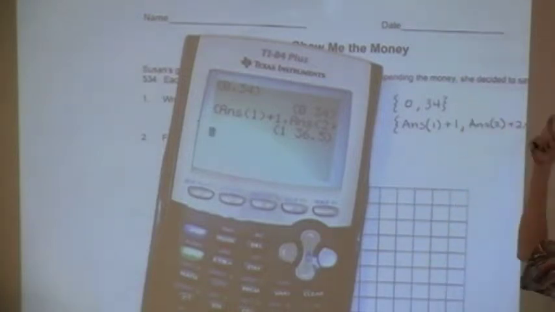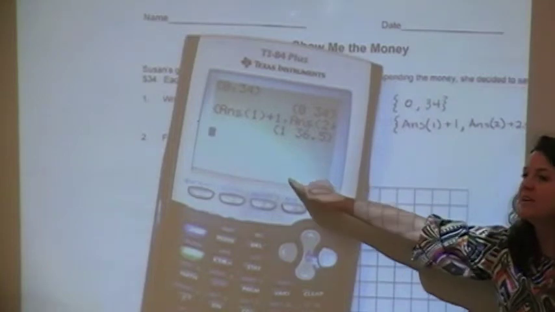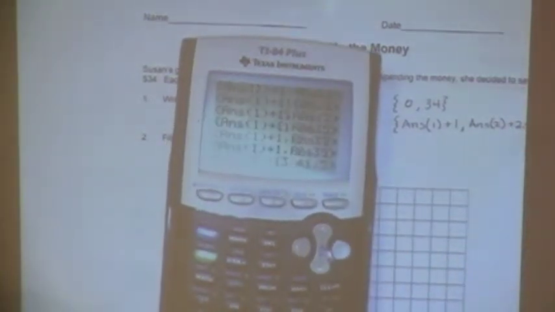So it would have gone off the screen, you would have lost count, not known where you were, scrolled back, counted them again. In this case, with recursive routines, your calculator is counting the weeks for you. So watch this. Voila! I'm just hitting enter. I put it in.